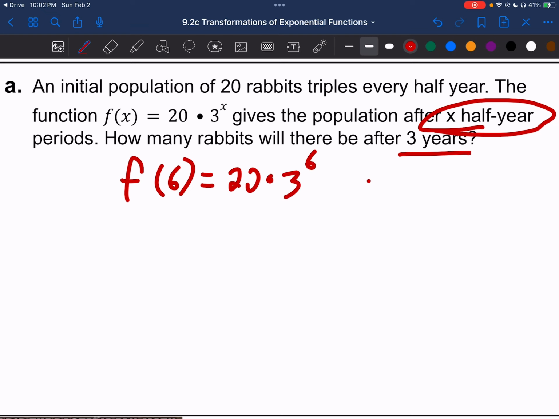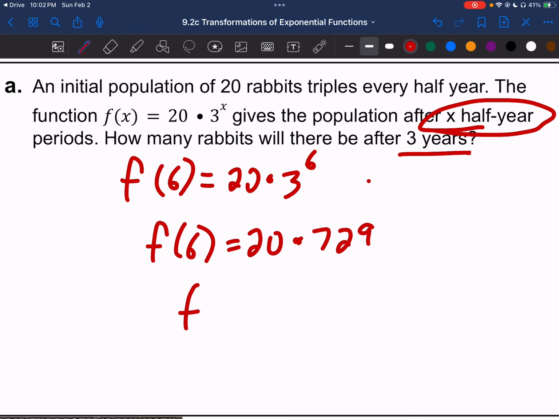So if we go ahead and do that, 3 to the 6th power is going to give us 729. And when we multiply that by 20, we get, after 3 years of uninterrupted growth, 14,580 rabbits.